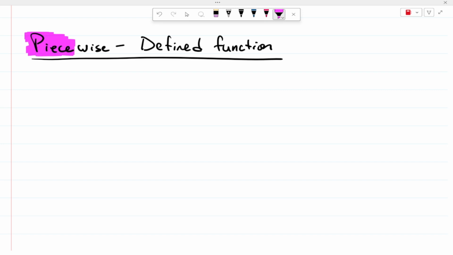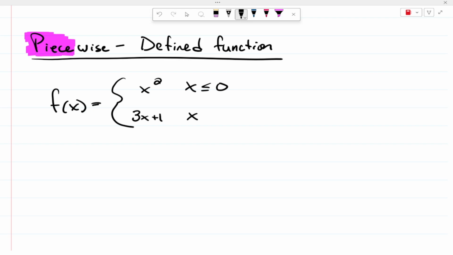This is where you have a function that is separated into pieces. All right. So for example, f of x could equal something like this. x to the second when x is less than or equal to 0. And then 3x plus 1 when x is greater than 0.